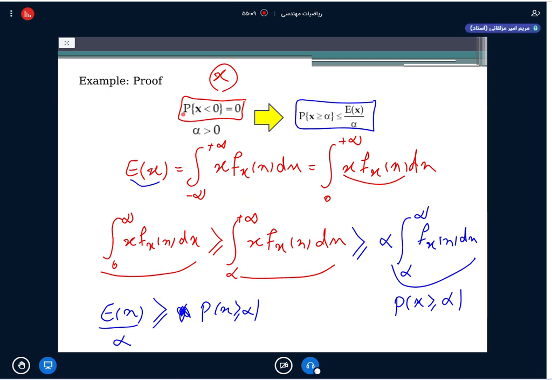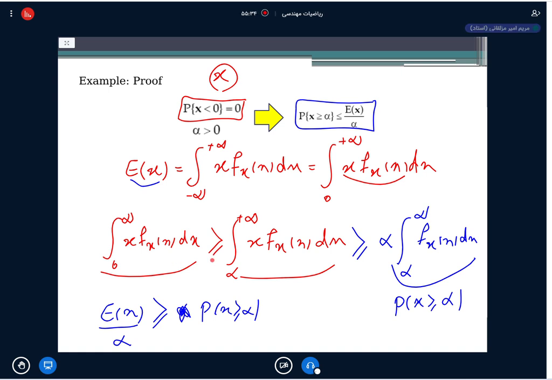The example says the probability that X is negative is equal to 0. So X is positive, which means the PDF of X for negative values is equal to 0. So this integral from negative infinity to positive infinity for this positive random variable is equal to the integral from 0 to positive infinity.